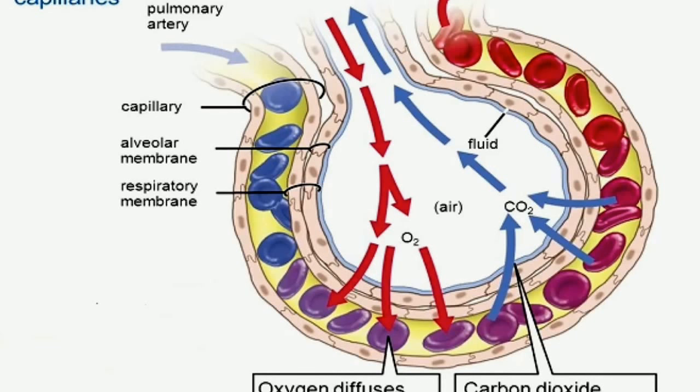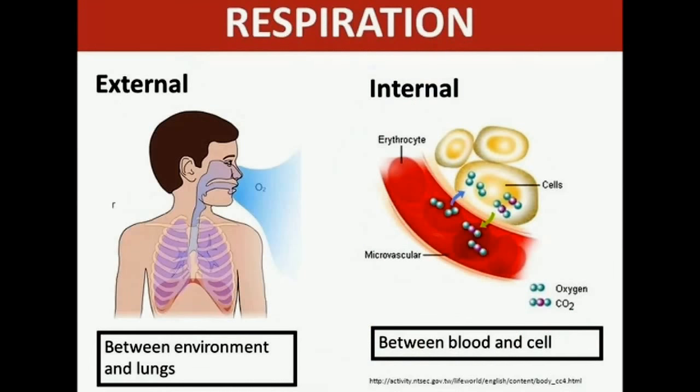Oxygen is taken by the red blood cells and carbon dioxide is given out by the blood, and exchange takes place in the alveoli because it is covered only by epithelial tissue. So here we conclude that external respiration is completed.